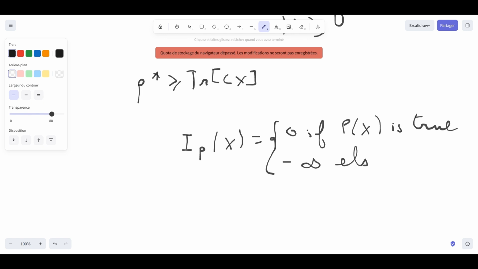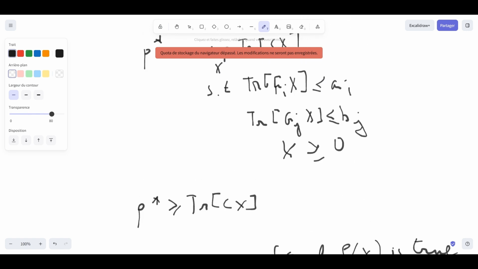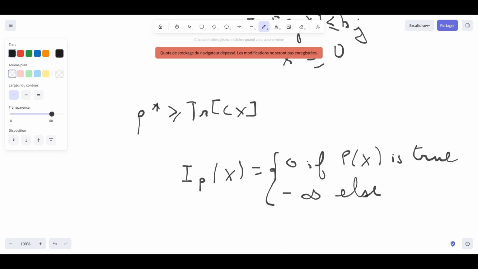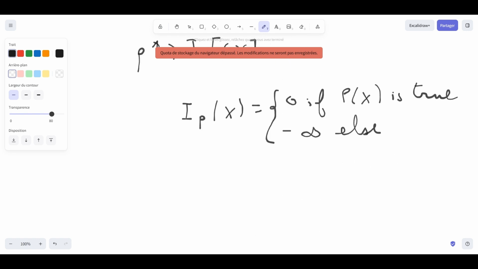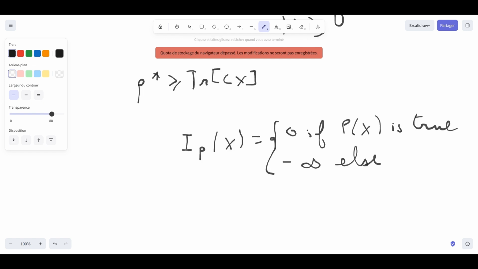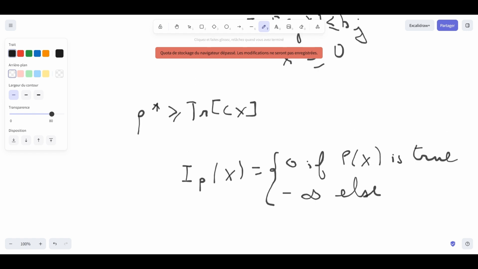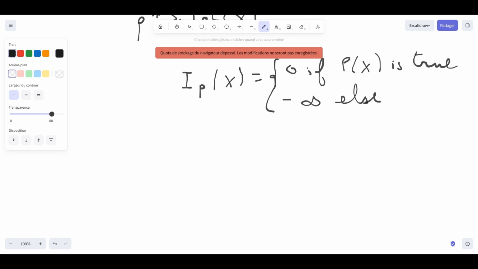So okay, now you have three constraints. For each of them, we will define them with this. You just replace p, like p represents your constraints, so for each constraint p of x, this indicator of the constraints.